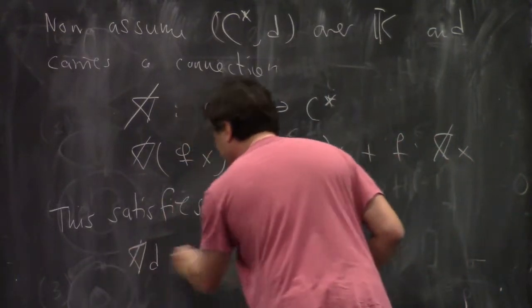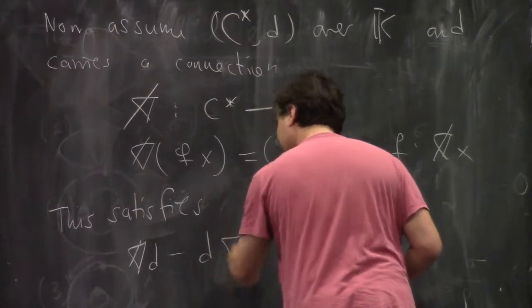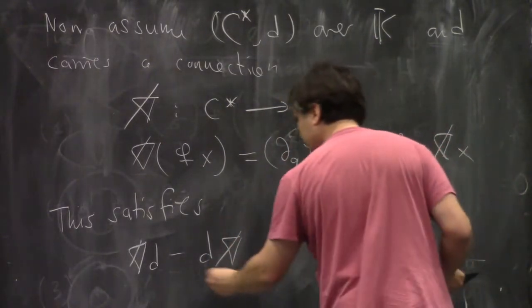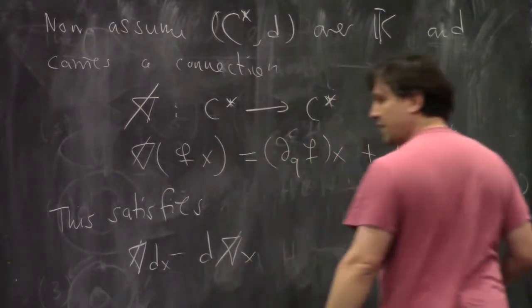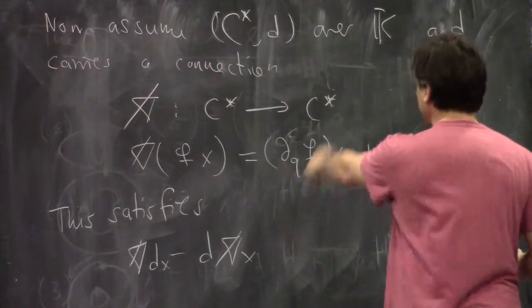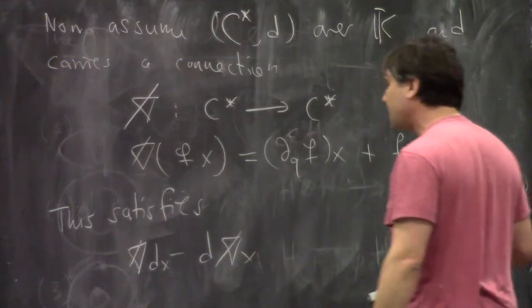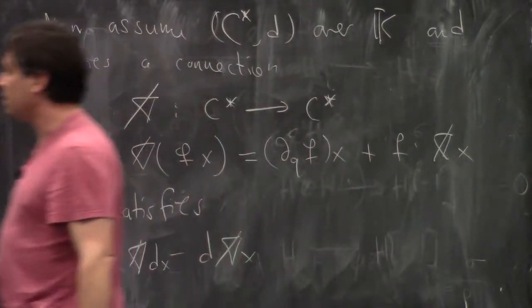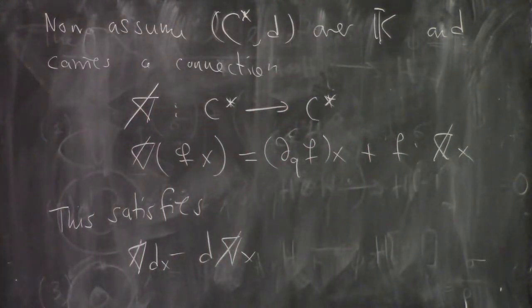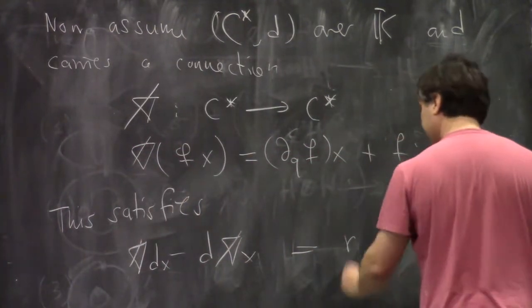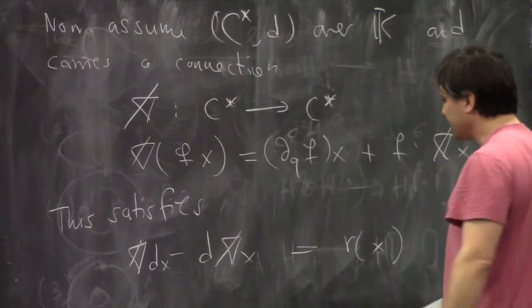In fact, instead, what I want is that the failure of it to commute is this, so d minus the connection here. So this thing here, you can see easily, is actually a K-linear operator of degree 1. This thing here is of degree 1, and the axiom. So this is a new axiom.